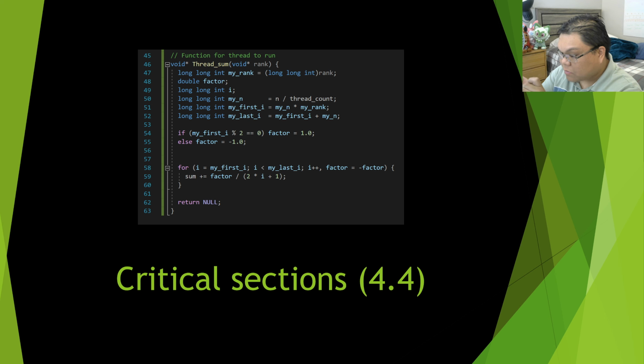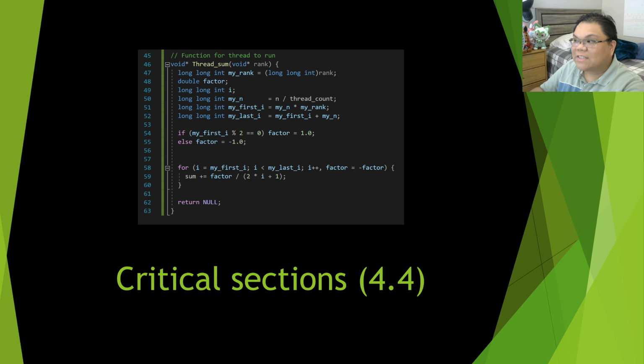But if we divided the work of the for loop between two threads, you'd have one thread start at the start and end at the middle, and then the other thread would start at the middle and end at the end.